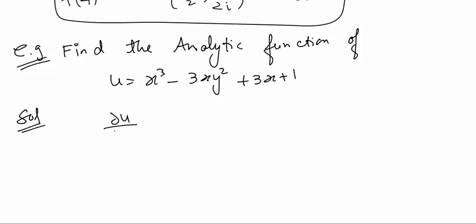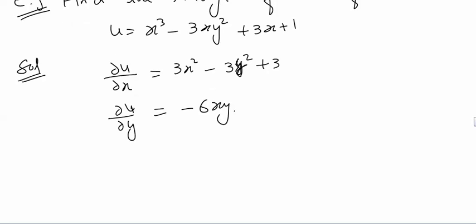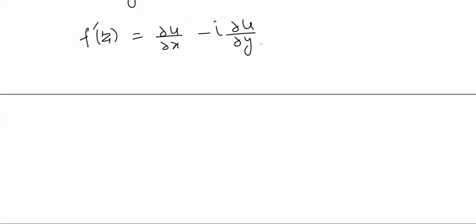You want ∂u/∂x, which will be 3x² − 3y² + 3. And what will be ∂u/∂y? ∂u/∂y will become −6xy. You know that f'(z) will be nothing but ∂u/∂x − i ∂u/∂y, because we know the real part.